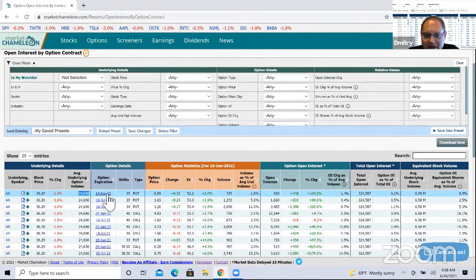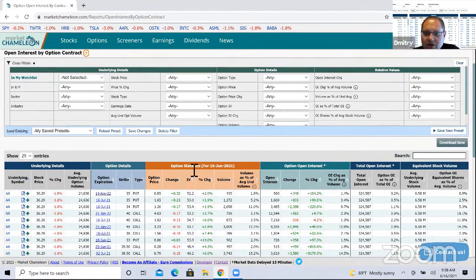So here we have an option contract. This is the expiration, April 14th, 2022. This is the 35 strike, and it's a put. So on this row, this is the option contract we're looking at. And here we have 4 bins that we put stuff in.